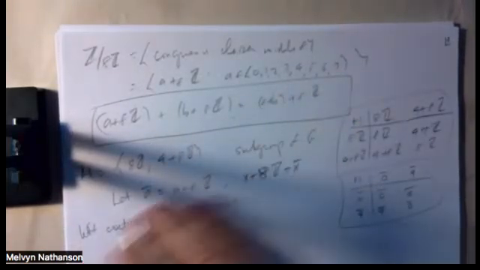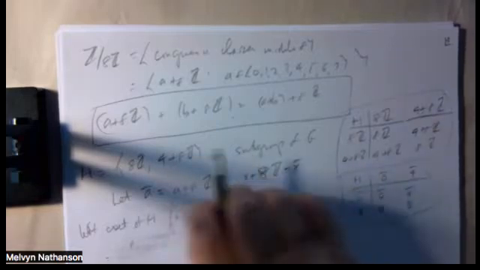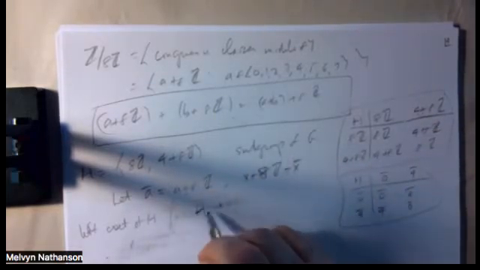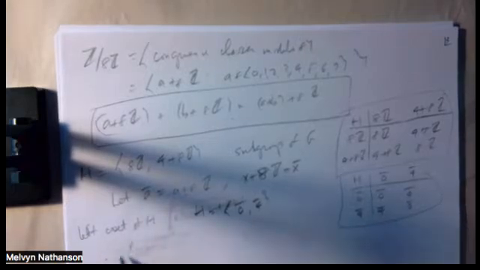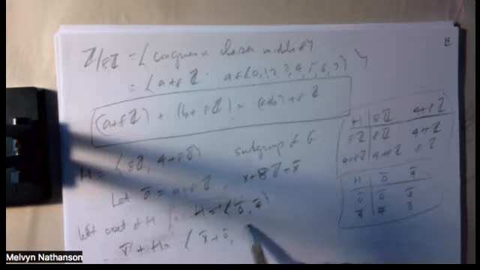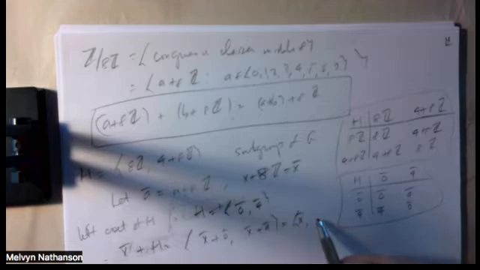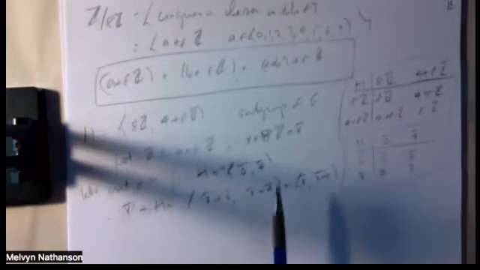So H consists of two cosets, 0 and 4. And x bar plus H is x bar plus 0 bar and x bar plus 4 bar. That's equal to the coset of x and the coset of x plus 4. That's what's in this left coset.